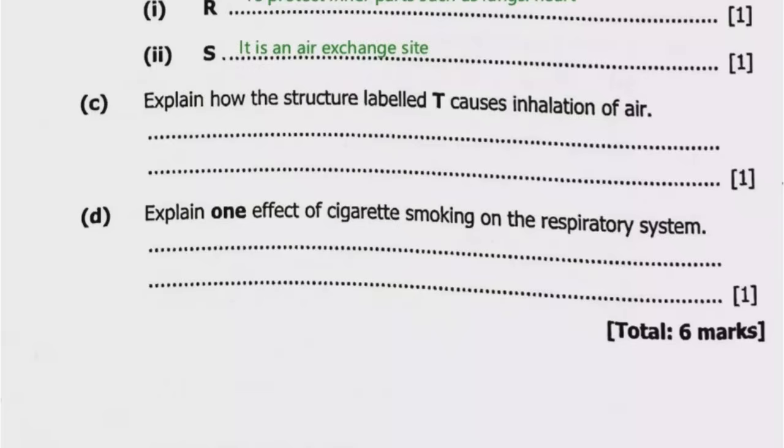So explain how the structure T causes inhalation of air. Okay, so how this happens is when air goes in, the diaphragm flattens. So we can say it flattens and pulls down, causing air to flow into the lungs.